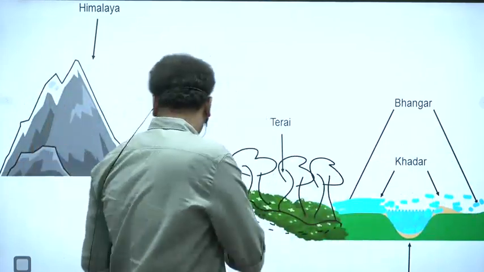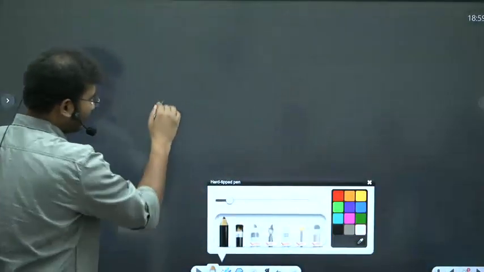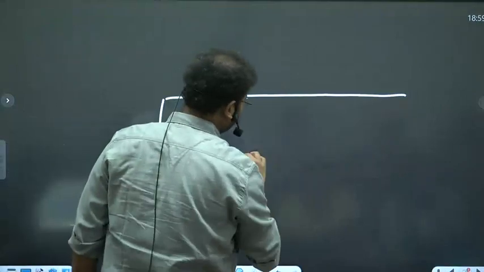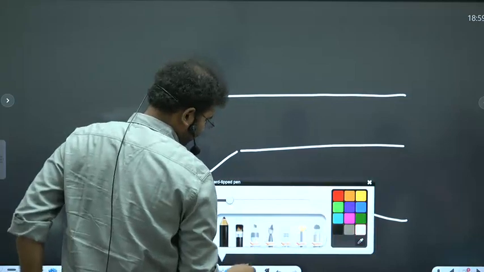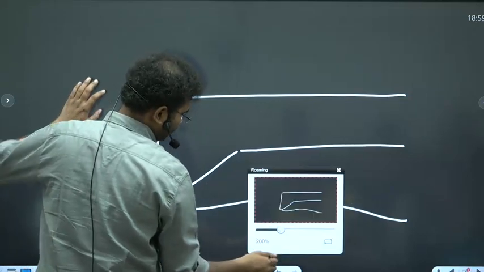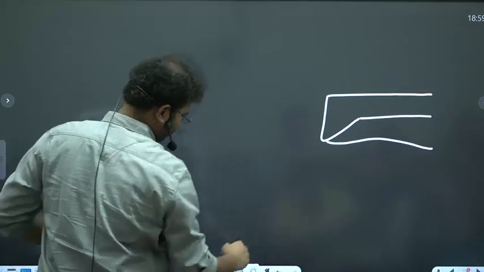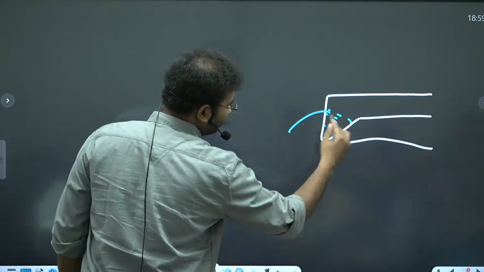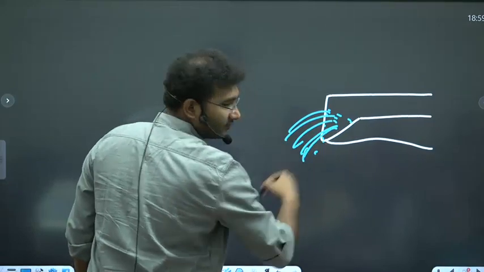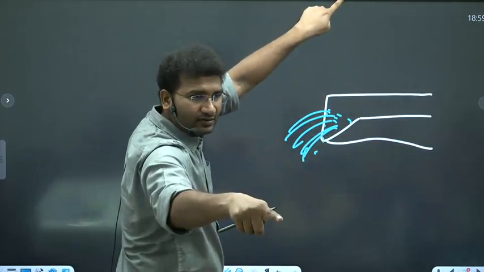I mean to say, let's imagine this is a river. The river is flowing outward like this, right? If there is flooding, what happens? The river flows outward also.